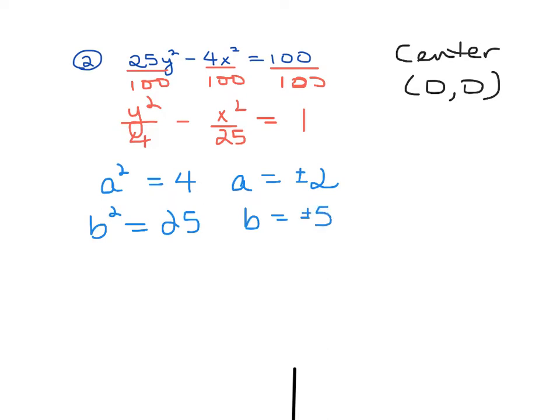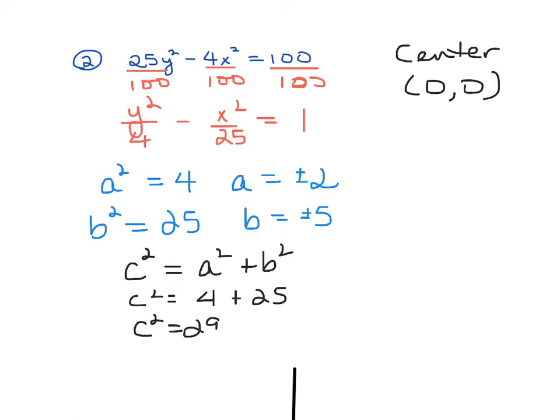To find the c value, I'm going to do c squared is equal to a squared plus b squared. A squared is 4, b squared is 25. Add them. Square root. So c is equal to plus and minus the square root of 29.